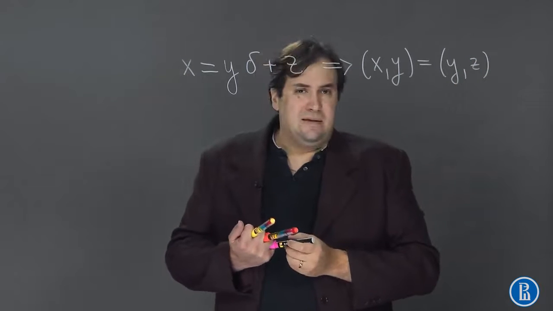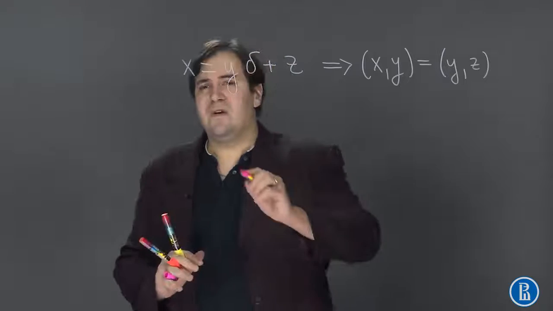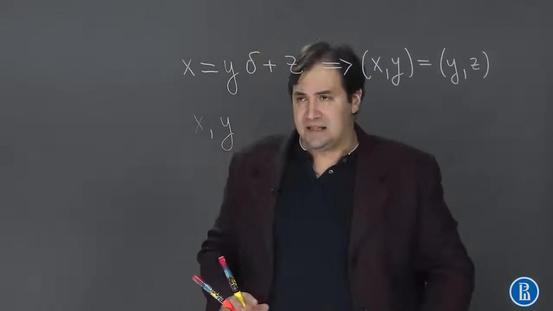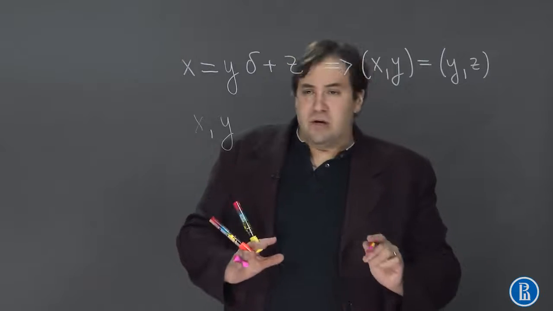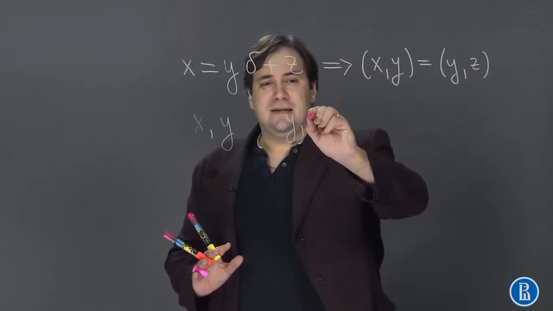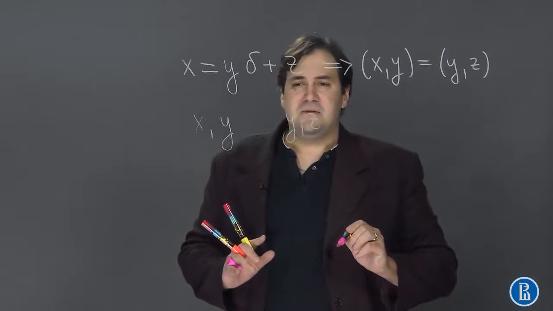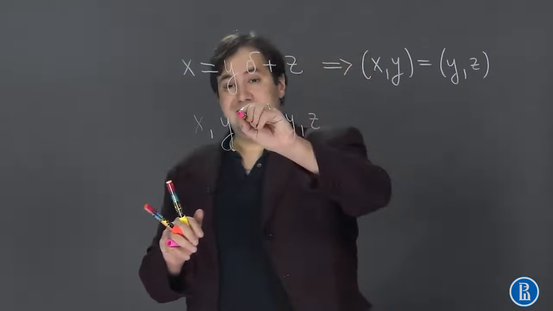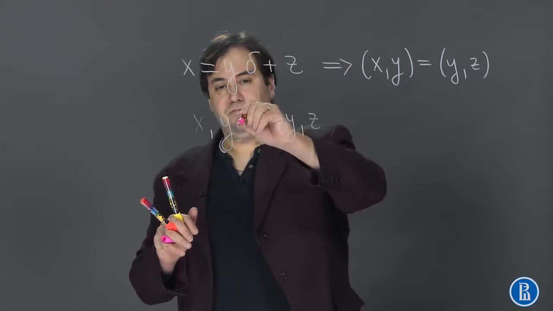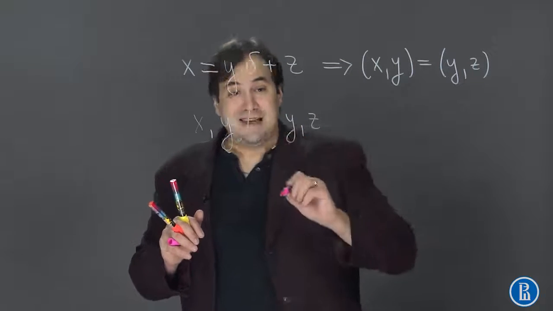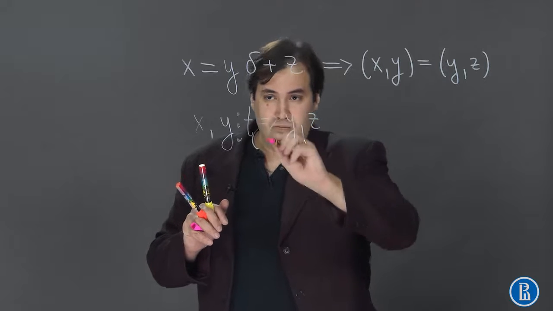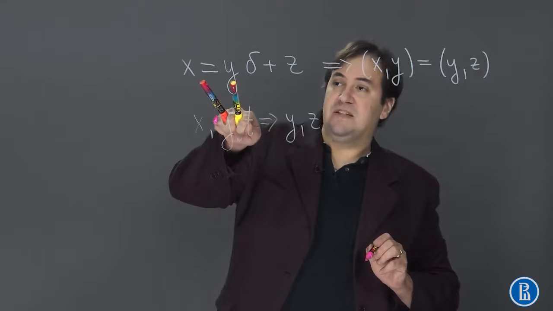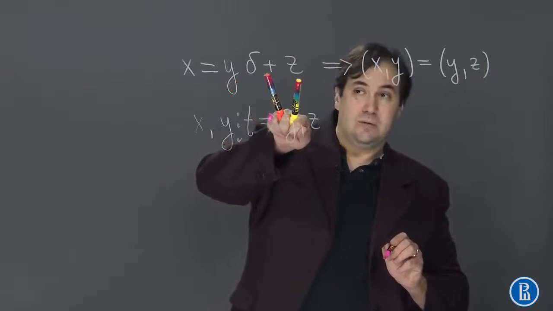Well, indeed, just consider a pair of elements, x and y, and another pair of elements, y and z. If x and y have some common divisor t, then x is divisible by t, y is divisible by t, so z is also divisible by t.